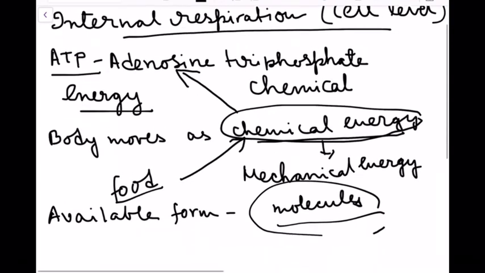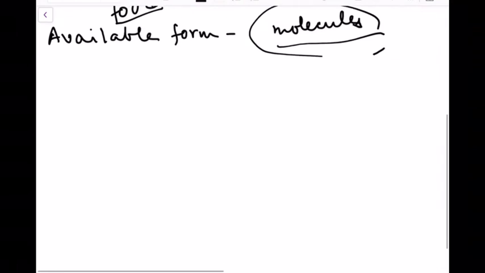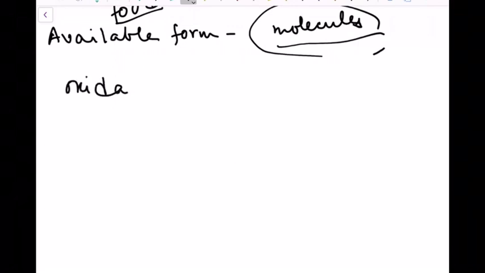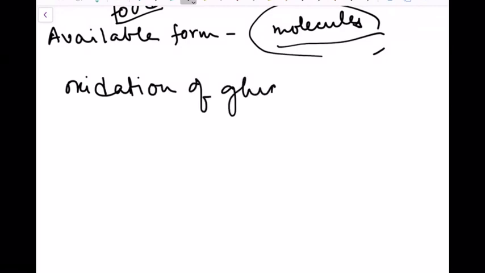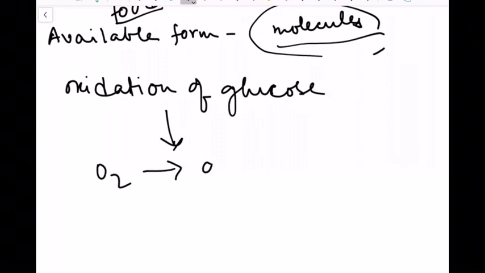Okay. So what is internal respiration? Internal respiration is a biochemical process that involves the oxidation of glucose. What is oxidation of glucose? Oxidation of glucose is nothing but oxygen acting on glucose.